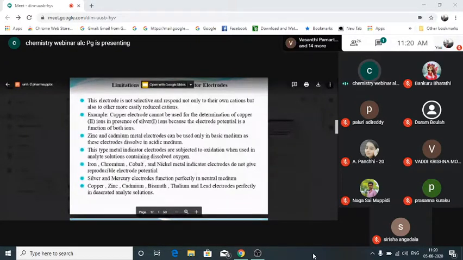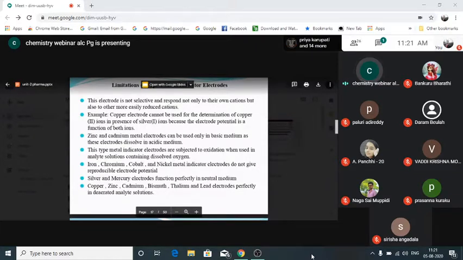So that is the reason why I told you that before you use an indicator electrode, you have to see whether that particular indicator electrode will function properly in that particular medium or not, whether it is suitable to function in the given medium. If that medium is not suited to that indicator electrode, what will happen?